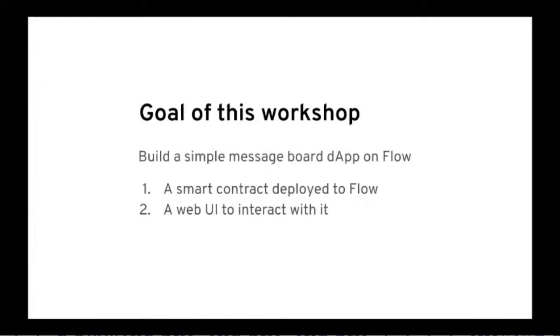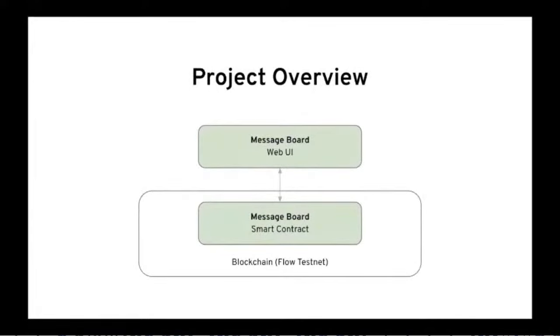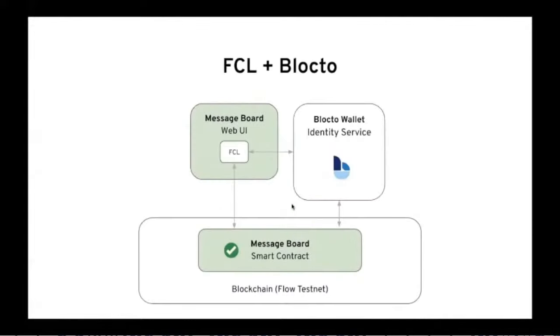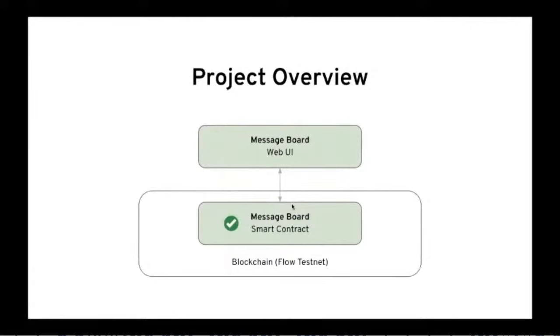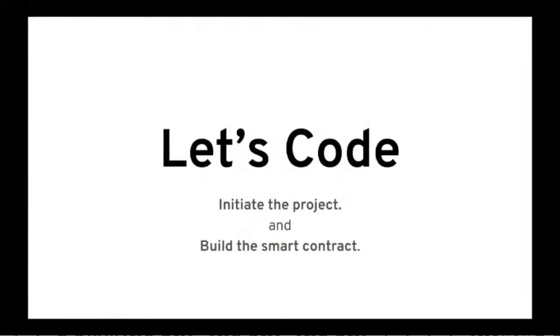It only has one message, just to demonstrate the process. Okay, so the project looks like this. It has a smart contract that is running on Flow, and it also has its web UI part. So it's like a front-end app that users can use to interact with the underlying smart contract. Okay, so let's get started.